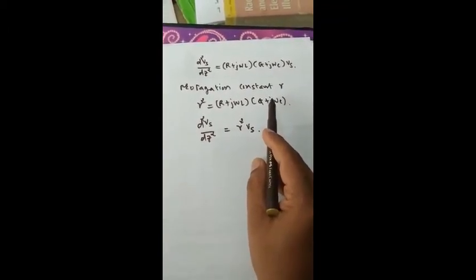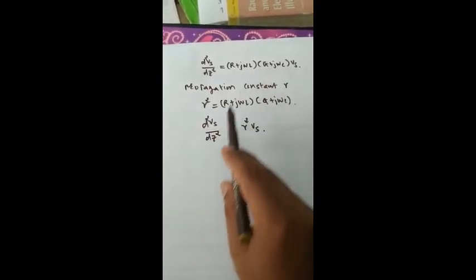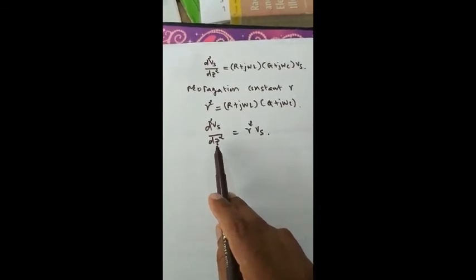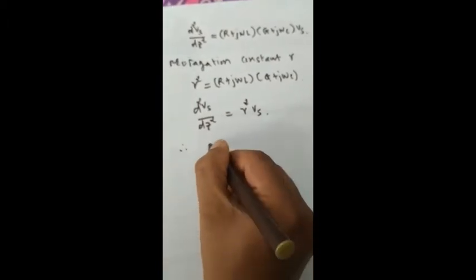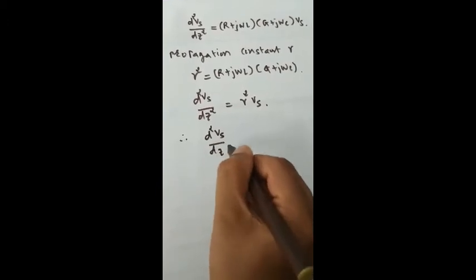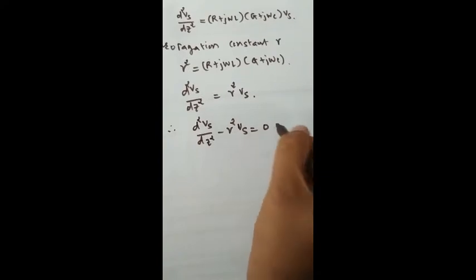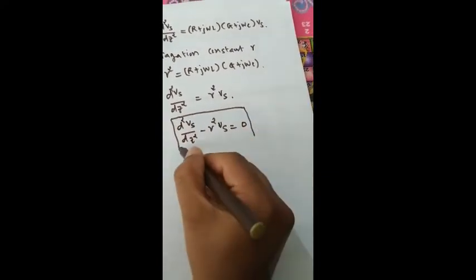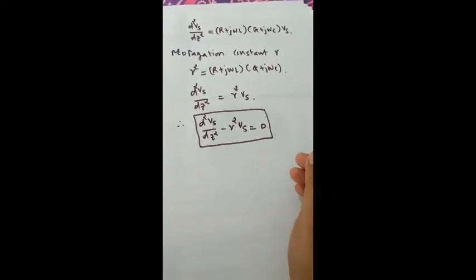If I now replace this full term with gamma square, then the same transmission line equation will become in this fashion.